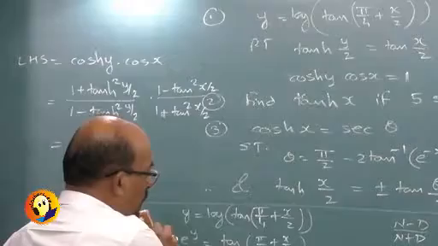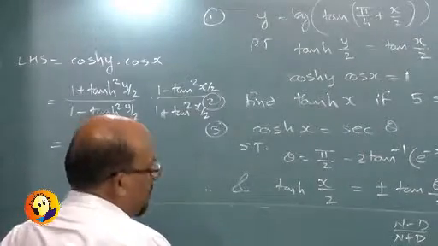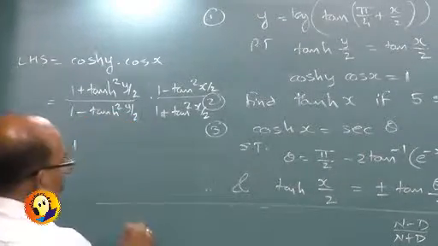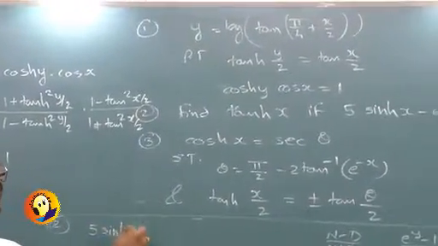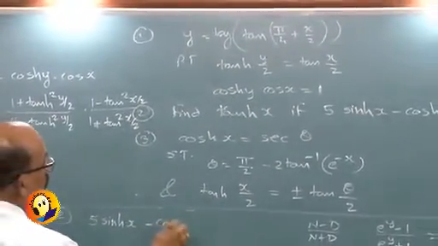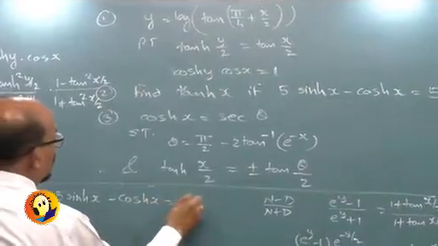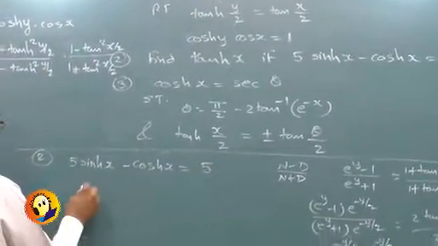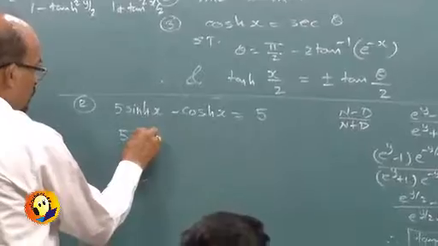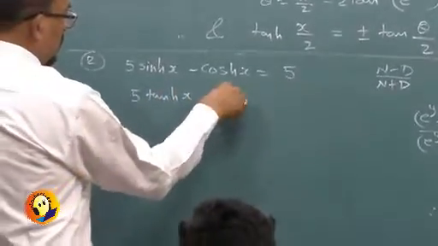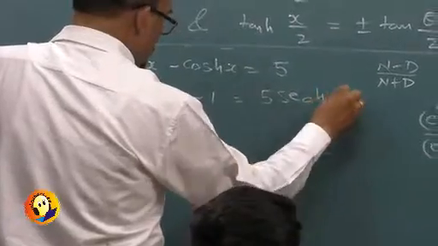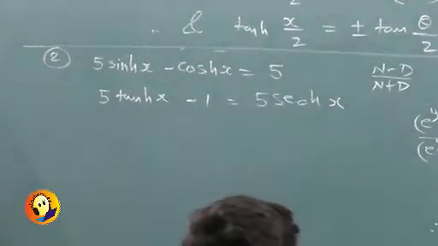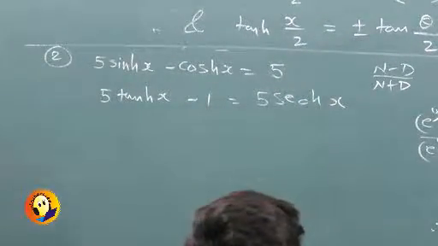And now for problem number 2, we have 5 sin x minus cos x is equal to 5. So we have 5 tan x minus 1 equal to 5 sec x, dividing by cos.